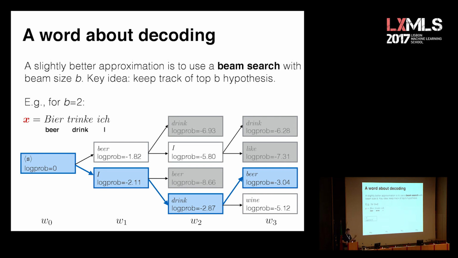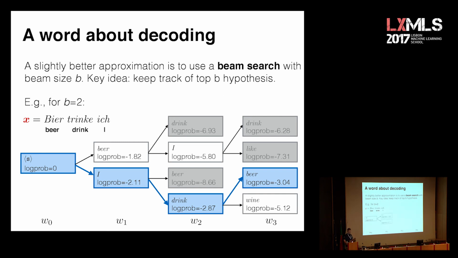At the beginning, we start with just the empty symbol with log probability of 1, and say the best two continuations are either beer or I, each with some probability. Say our model isn't particularly good and it thinks beer is the most probable thing as the first word. If we were doing greedy, we would have chosen the word beer. Here we're going to choose both I and beer.